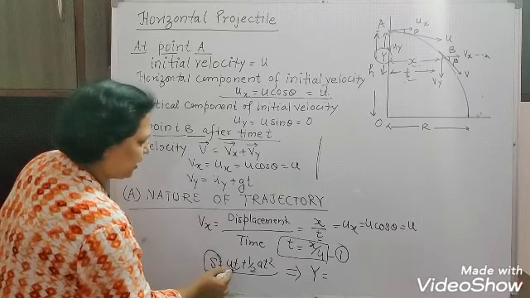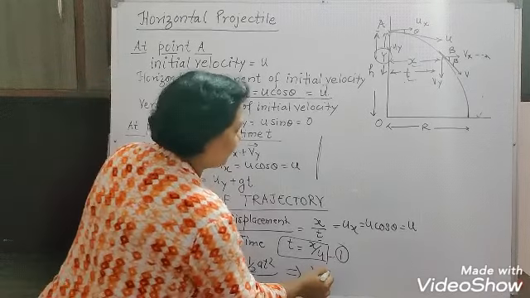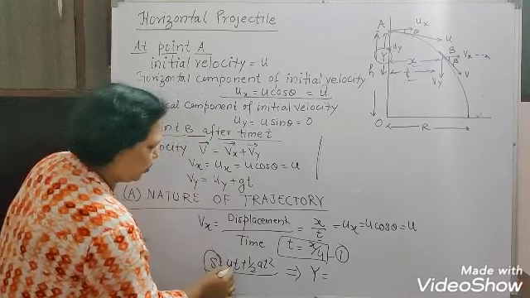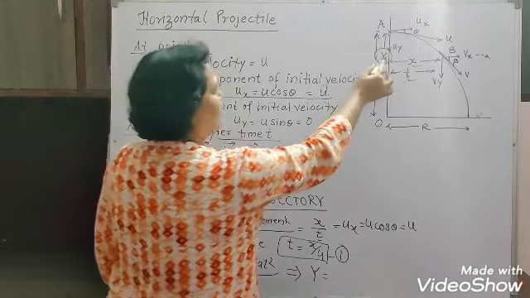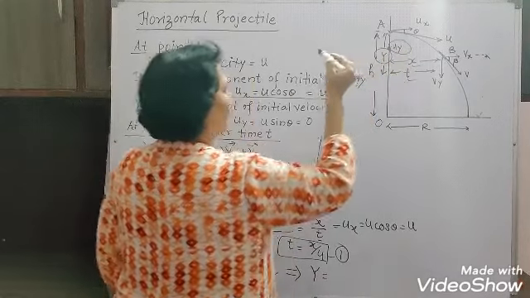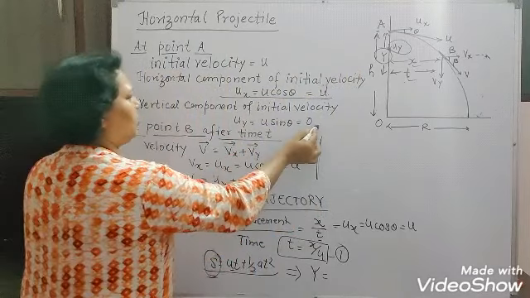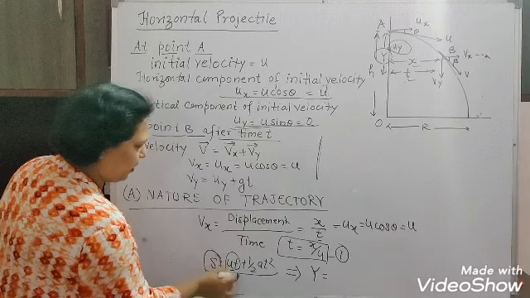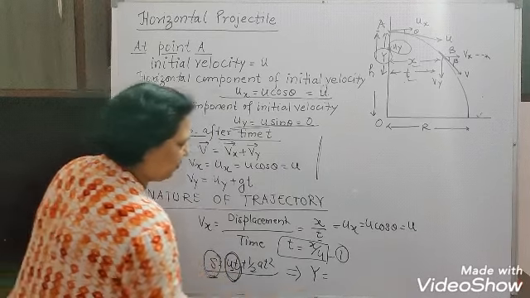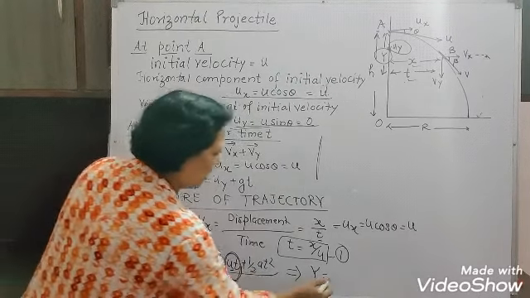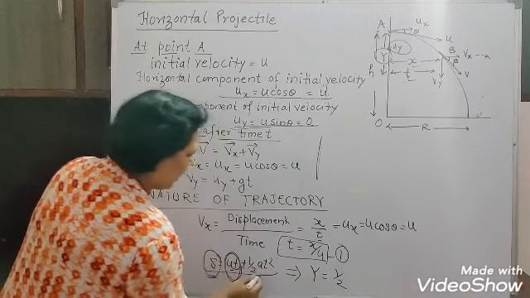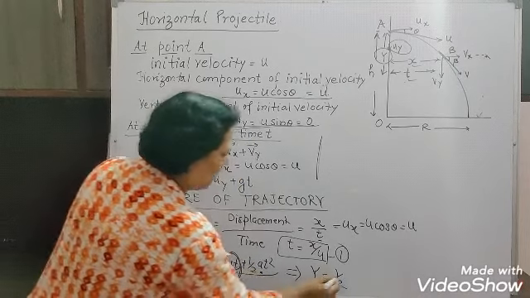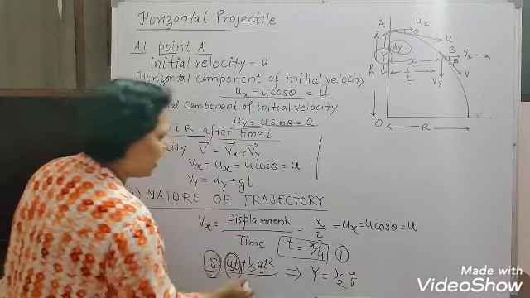Now you can see that uy, the initial velocity of this vertical component uy, is equal to 0. So this term will become 0. So what will remain? It is half, and a is equal to g here, and t.